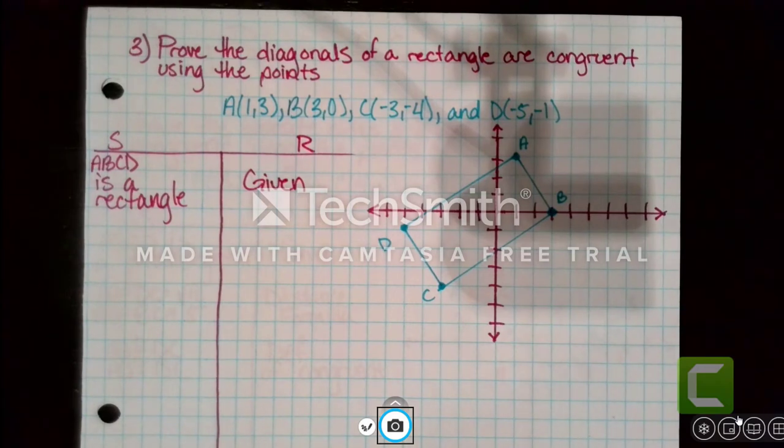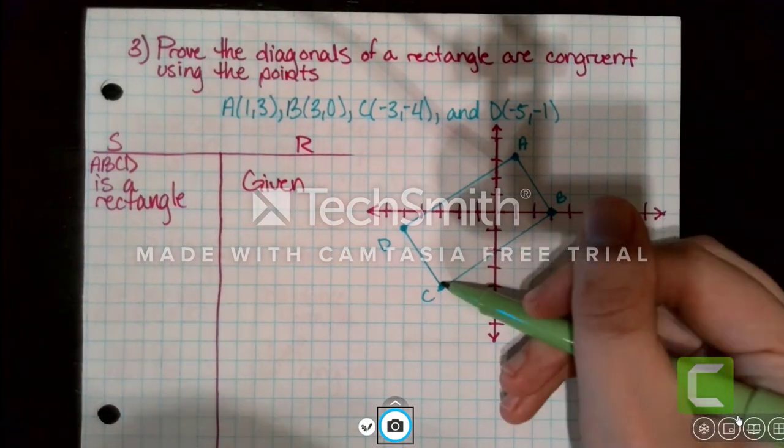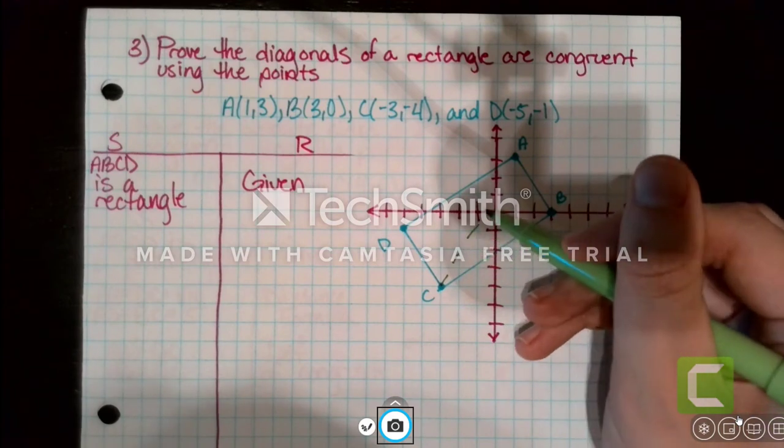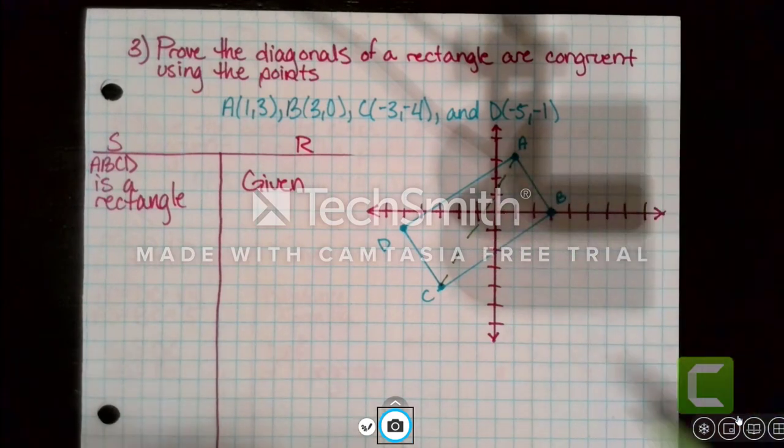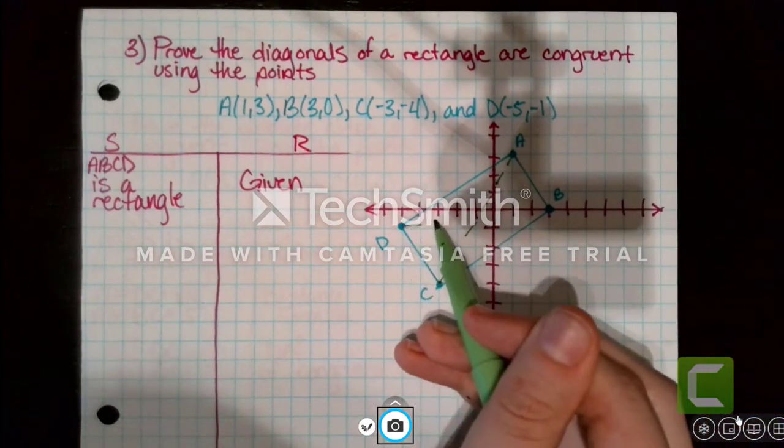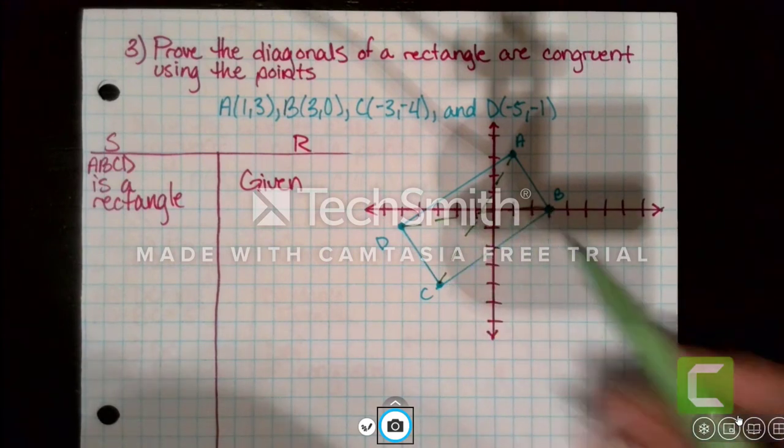Before we can prove anything about measurements being congruent or perpendicular or parallel, we have to prove that they exist in our shape. So we need to declare that there is a diagonal from A to C and a diagonal from B to D.